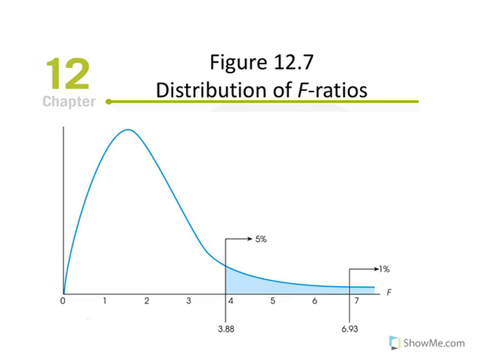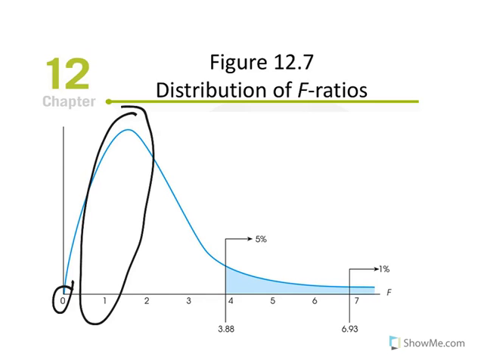With these two factors in mind, we can sketch the distribution of F ratios. The distribution is cut off at 0, all positive values, and piles up around 1. And then it tapers off to the right, so again it's positively skewed, as illustrated here in figure 12.7.